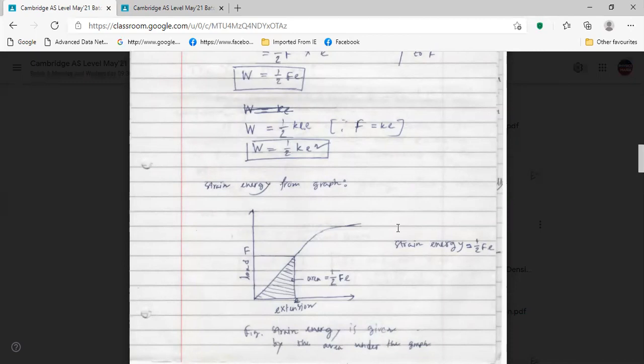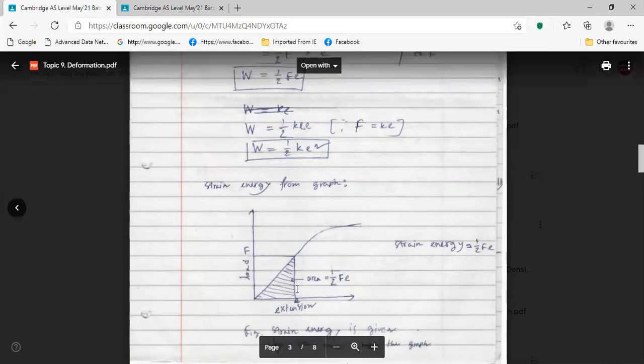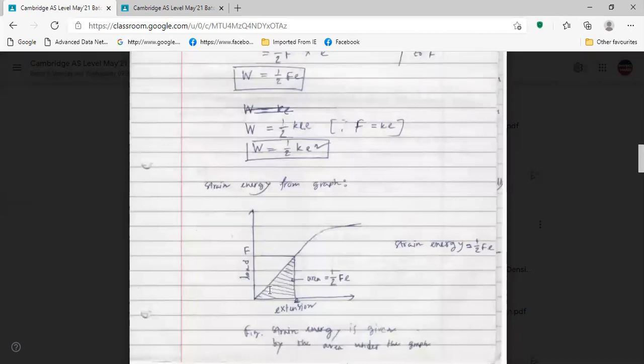So in the graph, sometimes you will get a question on the graph. Now how to calculate it from the graph? The area under the load extension graph is the work done.